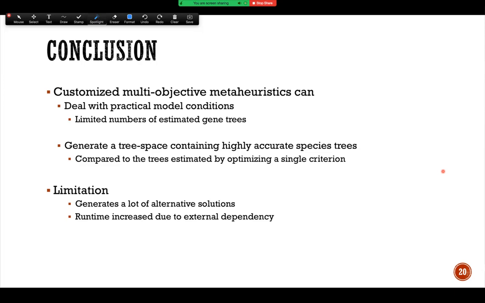For example, our meta-heuristic generates a lot of alternate solutions, and its runtime has increased due to external dependency on the existing summary methods. We are working to fix this limitation so that we can effectively tackle biological datasets.